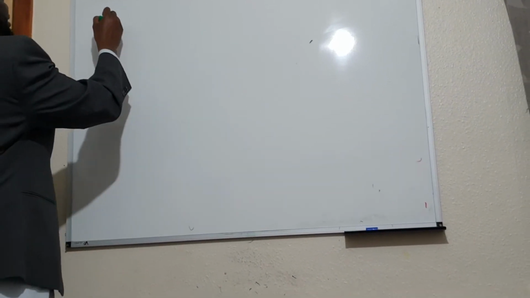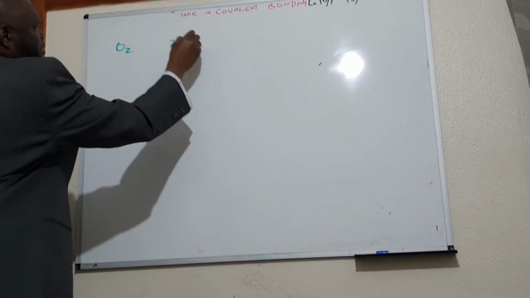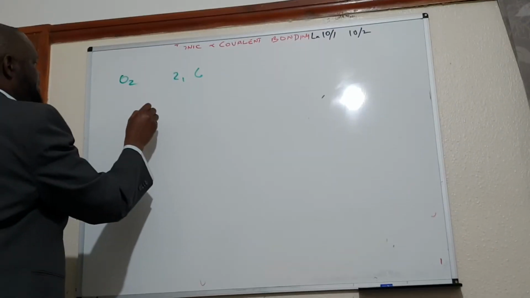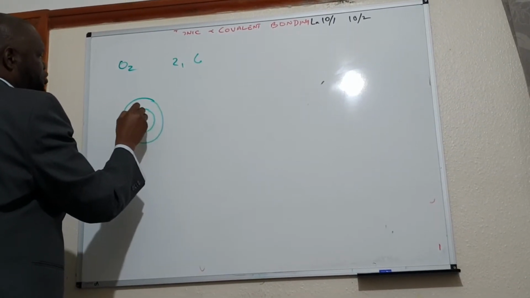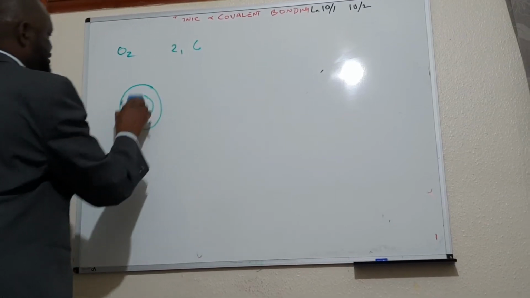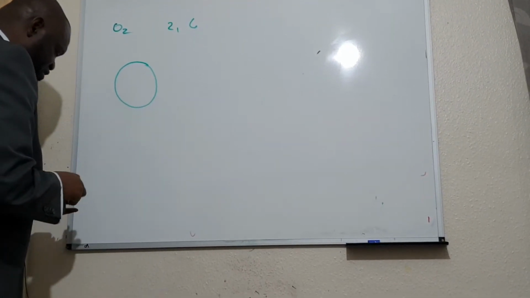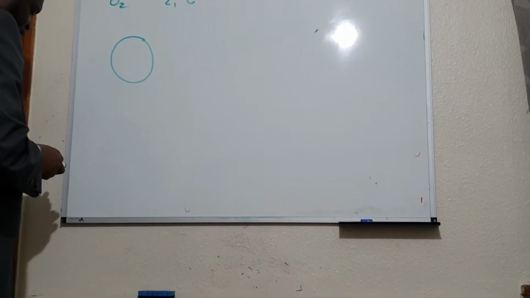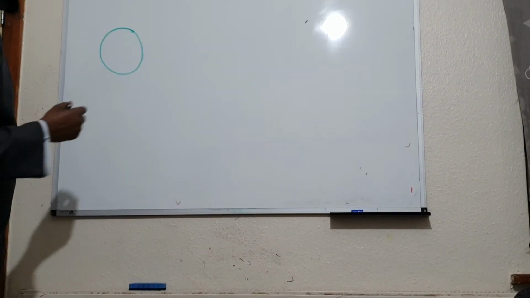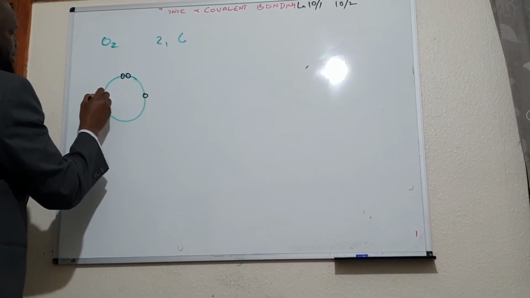Let's look at the oxygen molecule. Oxygen is 2, 6. We have done that before. So let's say we have 2 oxygen. We see only the outer shells when we are doing our dot and cross, or our sharing of electrons. So the oxygen will have 6 here.